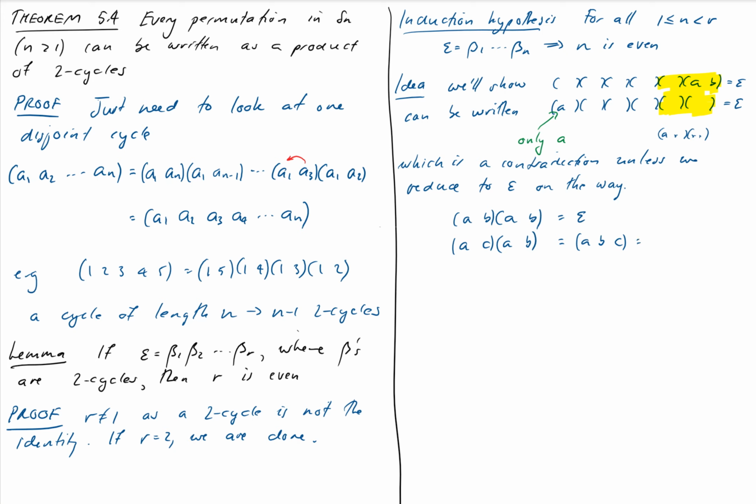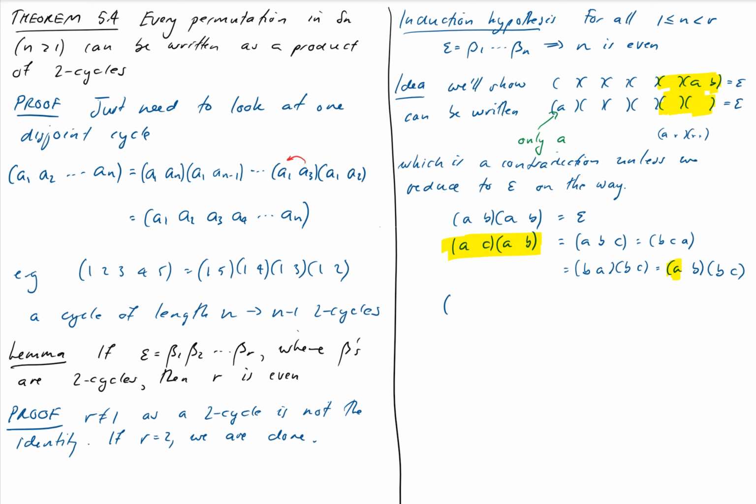Which in turn, if I rearrange this slightly, is BCA, which equals, now I'm going to undo my expansion here, BA times BC, using my breaking up into two cycles idea, and now I'll write the first one as AB. You can see what I've done here is I've manipulated my product so that I have just a single A on the very leftmost position.